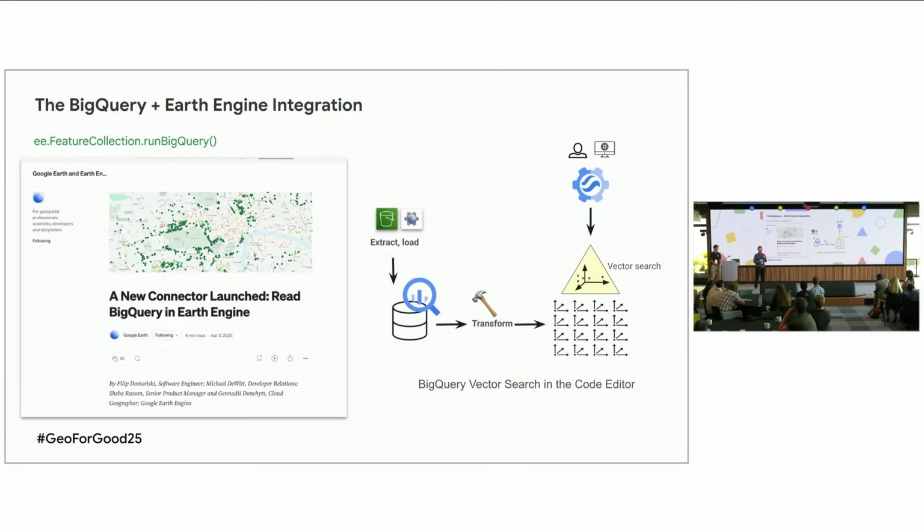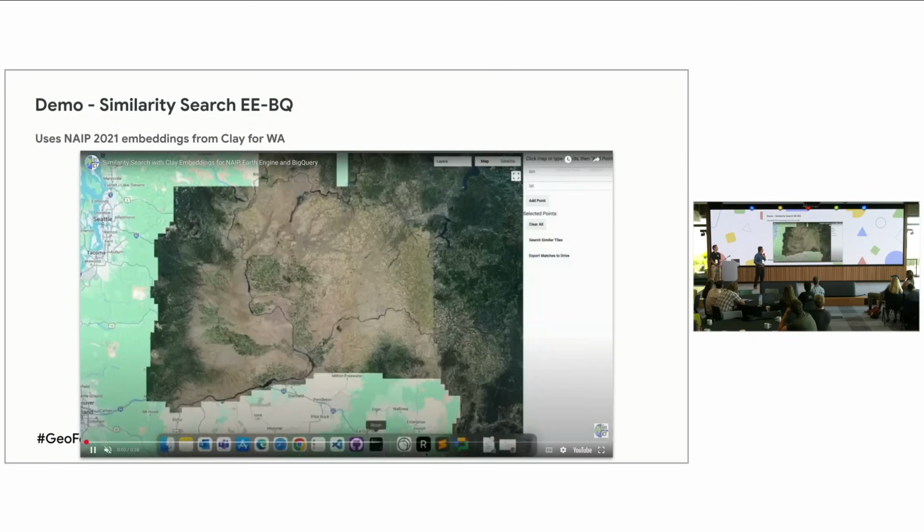In the next example, I have a UI that's developed on Earth Engine that basically lets you click around the map, pick up your points of interest or any kind of objects that you're interested in. That gets pushed into BigQuery, does the similarity search, and then gives you the results back.